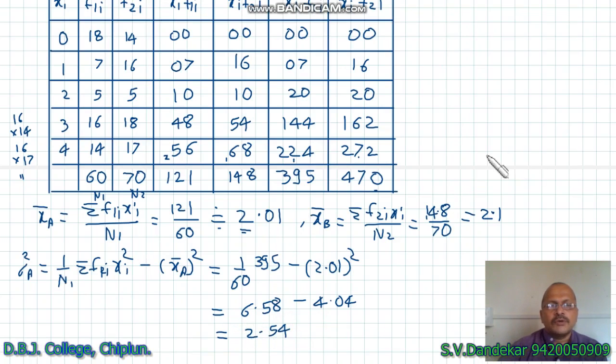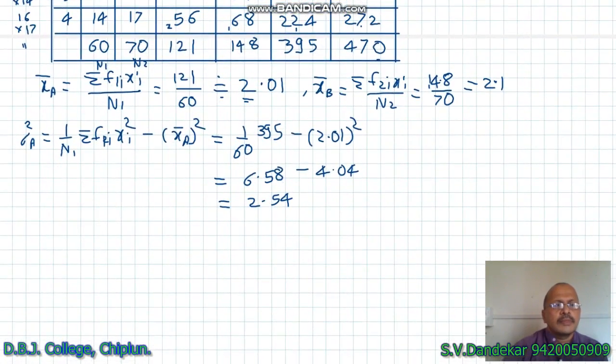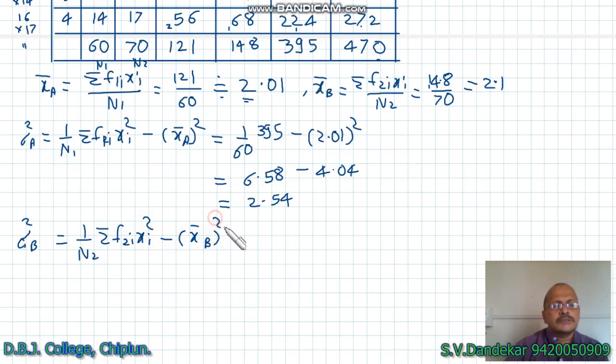This is sigma square A. Sigma square B is equal to 1 upon N2 summation F2I into Xi square minus X bar B square.